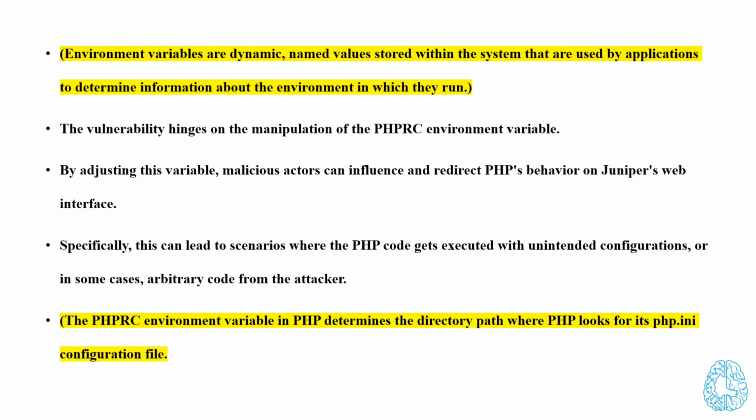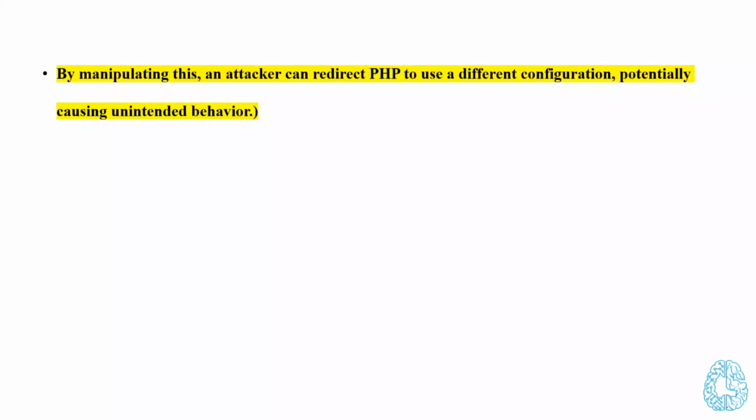The PHP-RC environment variable tells the system where to find its configuration file. That is, it determines the path for the php.ini configuration file. If this file is manipulated by the attacker, it can cause PHP to behave differently, that is, unintended behavior of PHP.